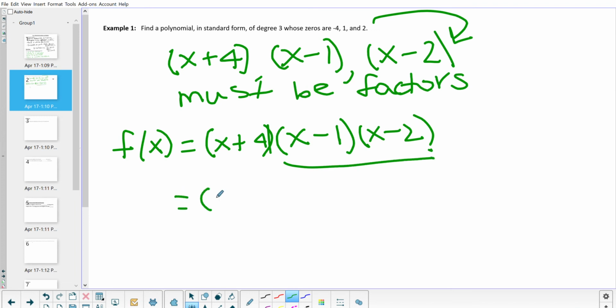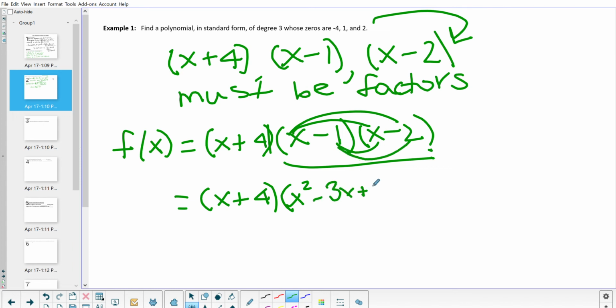So this one is just going to stay here. And then we would have x squared. And then OI would be negative 2x and negative 1x, which would be negative 3x. And positive 2.